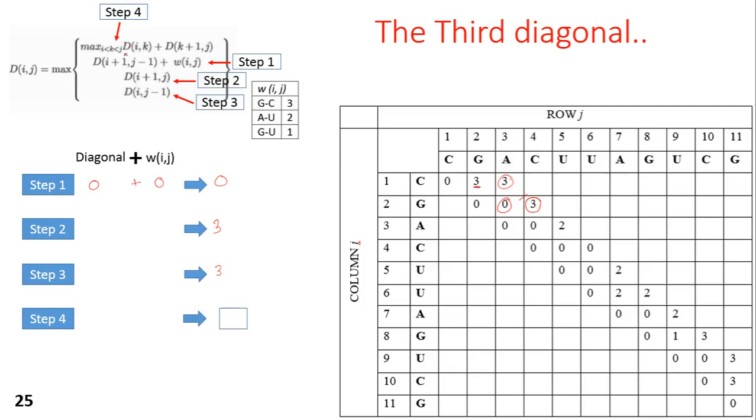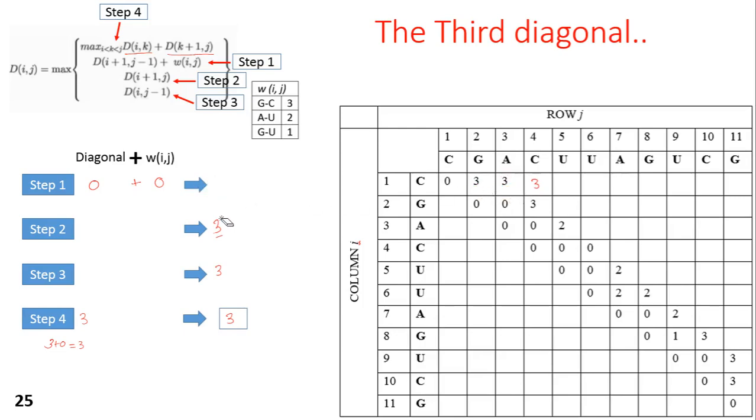This is your dik position to this 0. This is your dk plus 1 j position. So you would be adding this 3 plus 0, that is 3. The first number over here is 3. Okay, so you would have 3 over here. Okay, so which one is the maximum out of these 4? 3. Therefore we would place 3 over here. Okay, now we don't need this.